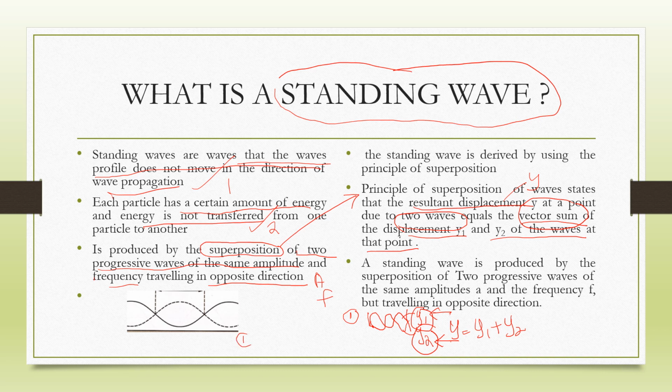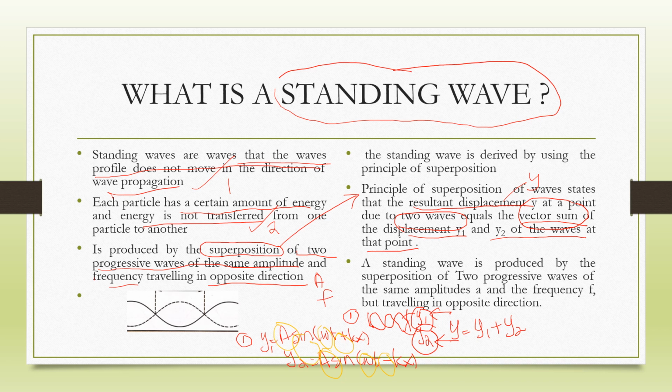For example, y equals a sine omega t plus kx, then this is y1, then y2 must be a sine omega t minus kx. So that means same amplitude, opposite direction, and same frequency.